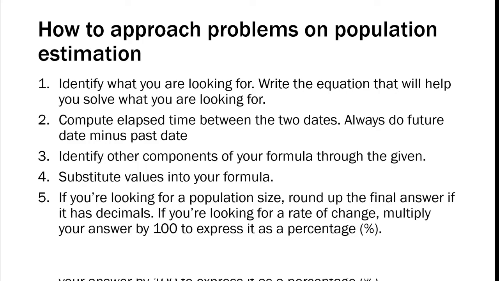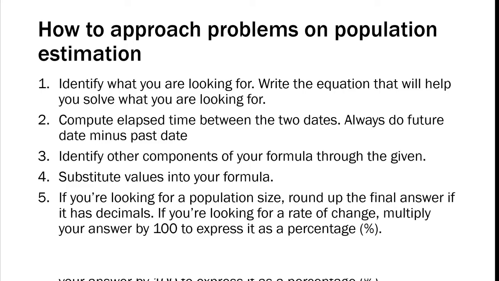So even if you're, for example, estimating a past population size, the way that you compute the elapsed time would still be future minus the past date. And then don't forget the table that I taught you. Use that whenever you compute for elapsed time between two dates. We'll see the table again later in the more specific examples.